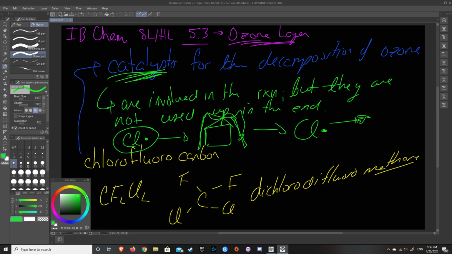That's how they act as catalysts, right? They go in the same way. They mess with the natural process of the stratosphere, and then they're regenerated in the end.